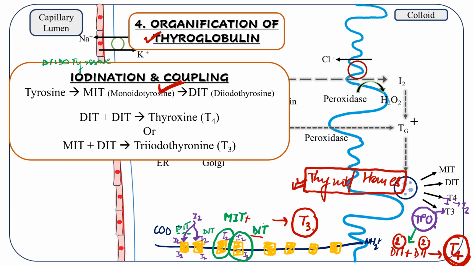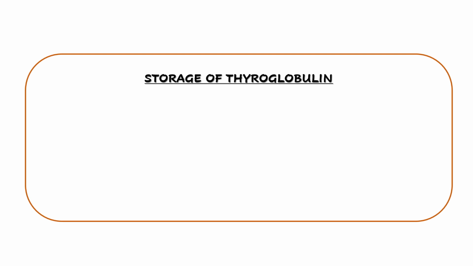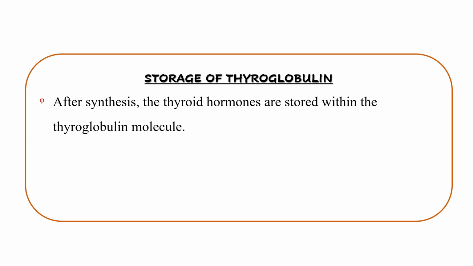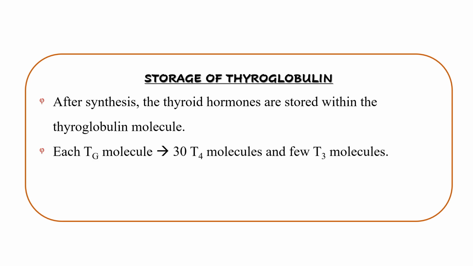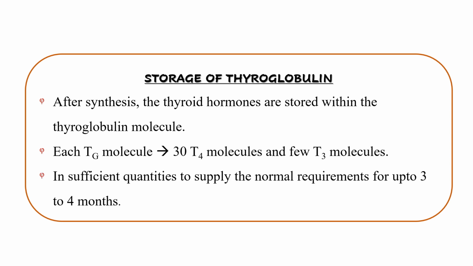So now, once these thyroid hormones are formed inside the luminal colloid of the thyroid follicles, these are stored within the thyroglobulin molecule. Okay, and each thyroglobulin molecule can contain up to 30 T4 molecules and a few T3 molecules, and these are synthesized in a quantity that can last up to 3 to 4 months.